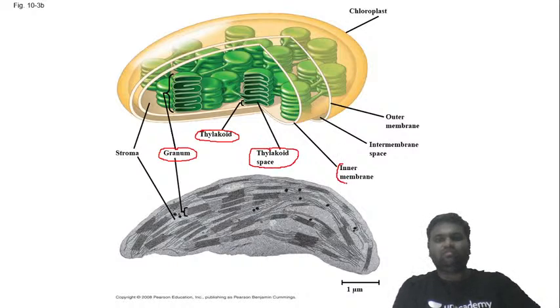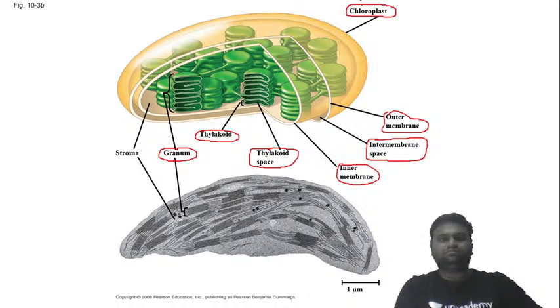This one is the inner membrane, this one is the outer membrane, and this one is the intermembrane space. This one is the chloroplast, and this one is the stroma.